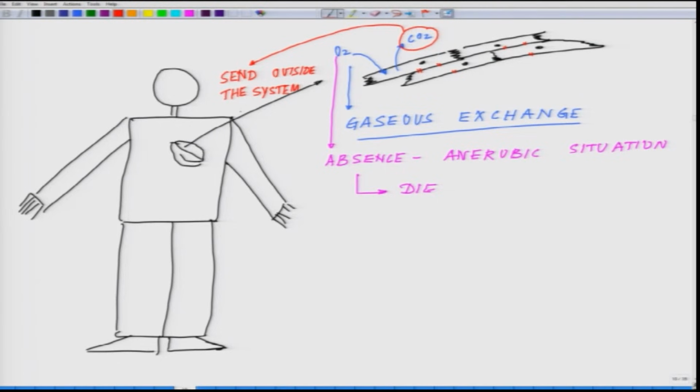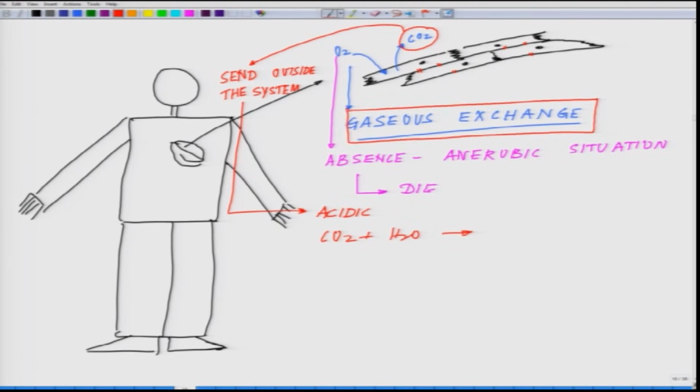Otherwise, this will make the environment acidic, because CO2 plus H2O, we know that it will form carbonic acid. Okay? So, that is something one has to keep in mind. So, there has to be a proper gaseous exchange which should take place. Without that gaseous exchange, these cells are not going to grow.